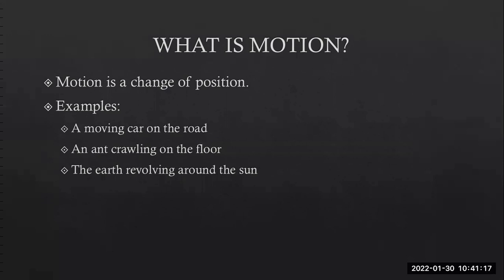A couple of examples that I haven't listed here: when the earth is revolving around the sun, or rotating around itself, what do we feel? We perceive that the sun is moving, rising from the east and setting in the west, even though we are aware that the sun is stationary with respect to the earth and the earth is rotating around its axis.